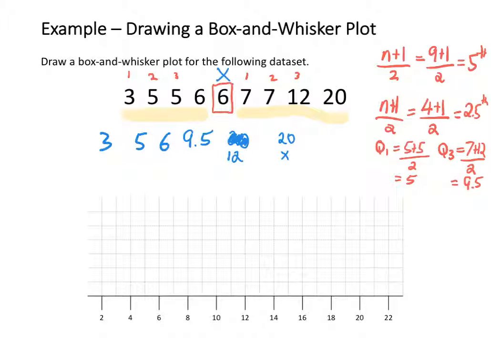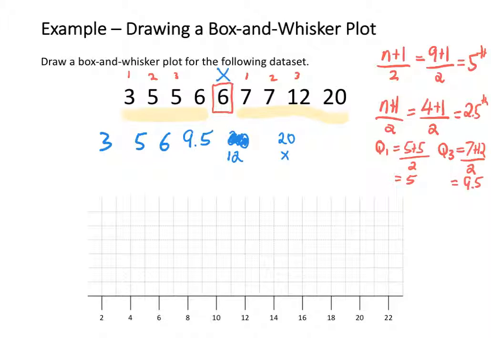The first step in drawing my box and whisker plot is to draw my scale. I'm going to need to go from 3 right up to 20. So I can go up in lots of 2, starting at 2 and stopping at 22, making sure that each interval is evenly spaced along my scale.